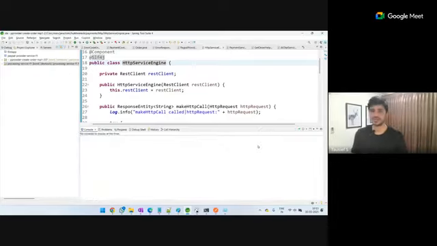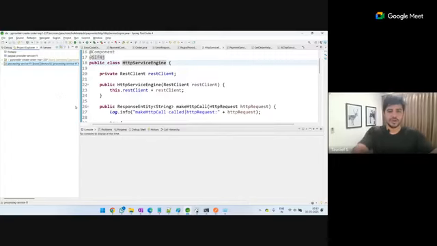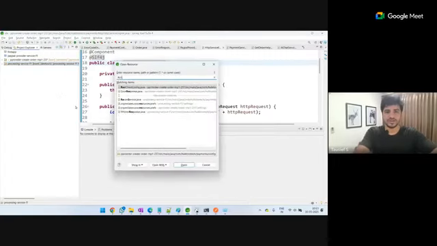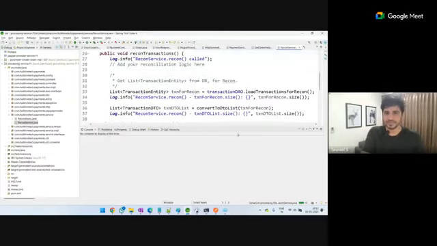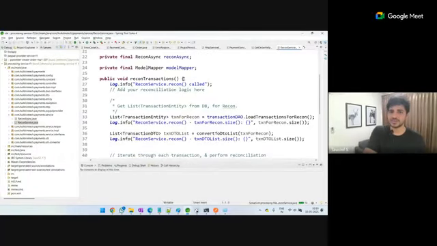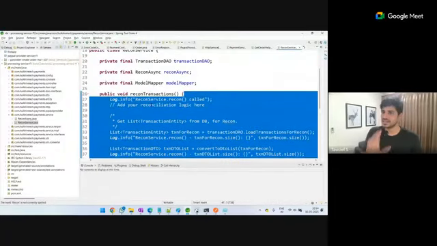We want to run the Recon service class for repeated execution. This method should be repeatedly executed. That is our requirement.